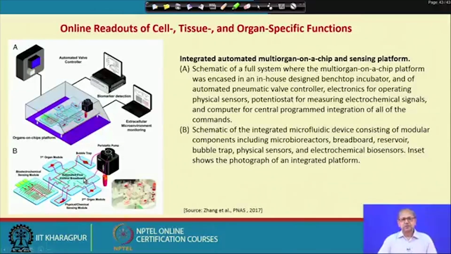In that way, we can monitor the whole system like in our body, how it behaves day after day, week after week, even month after month.